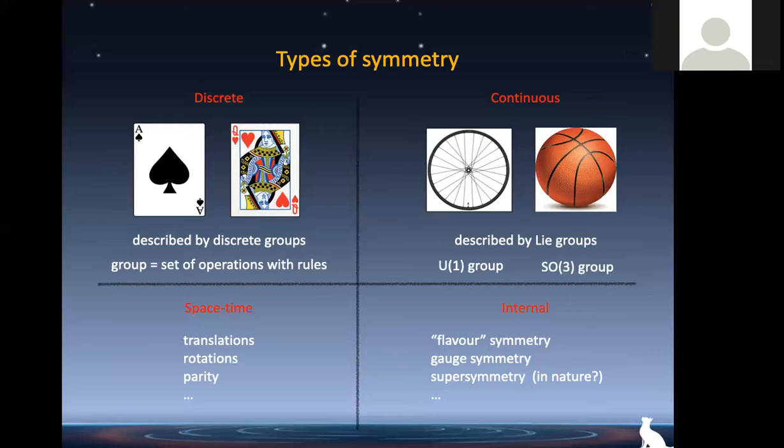The same goes for continuous symmetries. Take, for instance, a tire, forget about the rays in the middle. I can rotate it by an arbitrary angle around the axis, any angle, 1 degree, 2 degrees, the full rotation, it doesn't matter. It's an example of continuous symmetry. And the same in 3 dimensions.